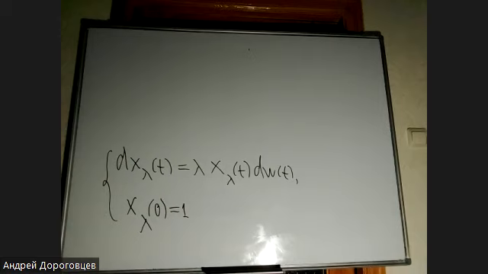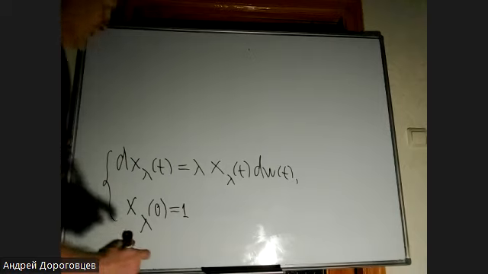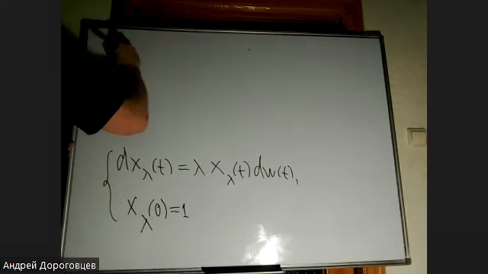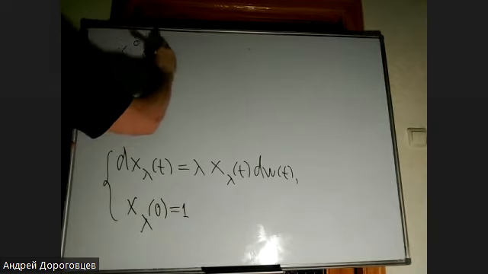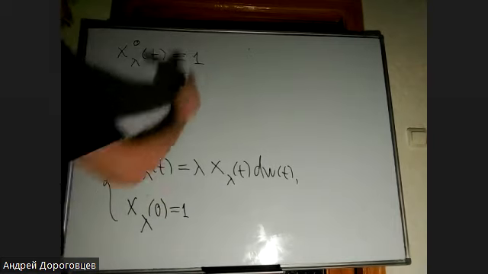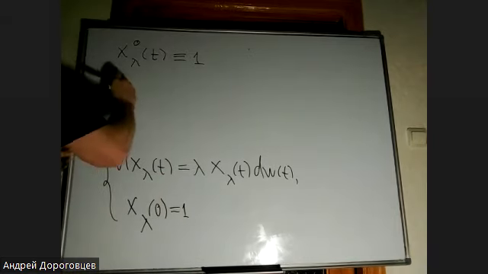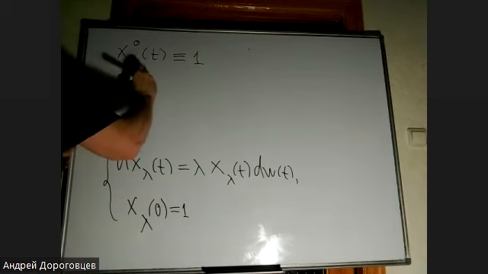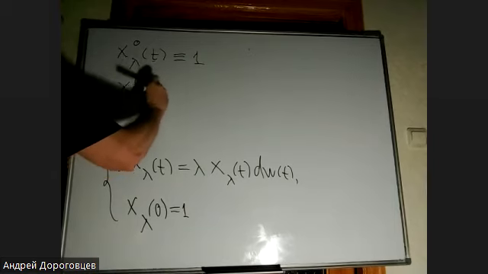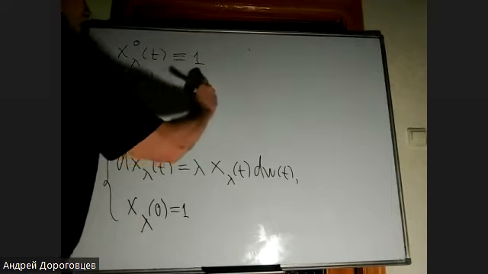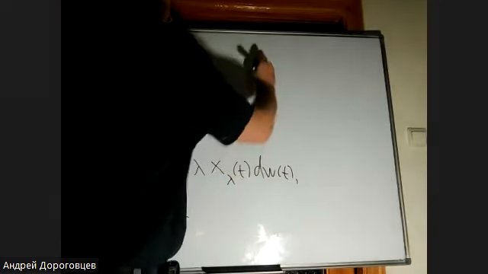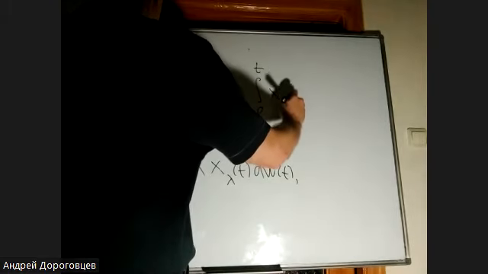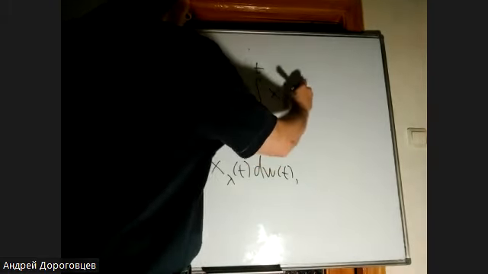Let's do it. So I will consider X_lambda^0(t) identically equal to 1, the initial condition, and then I will define X_lambda^(n+1)(t) as 1 plus lambda times the integral from 0 to t of X_lambda^n(s) dW_s.